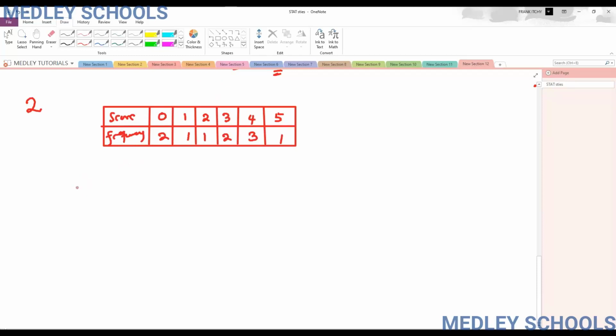Remember that on a frequency table, mean is the sum of frequency times score over the sum of frequency. This means I'm going to need a table where I will find frequency times score.